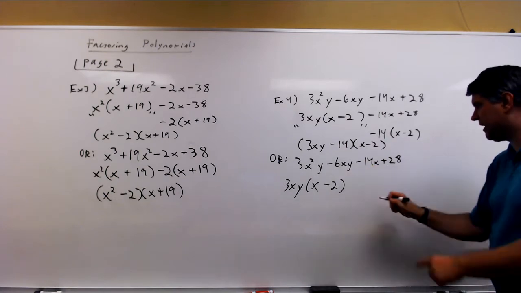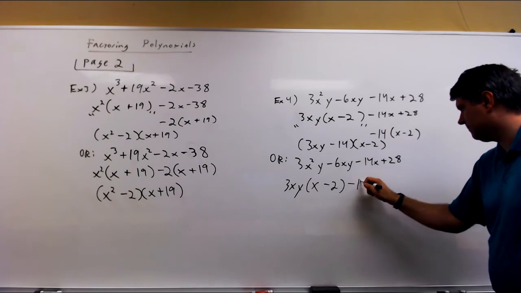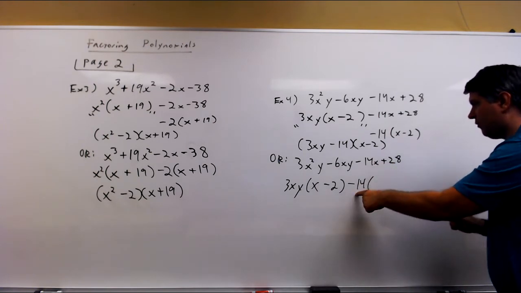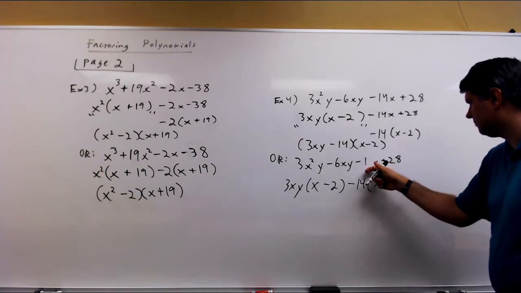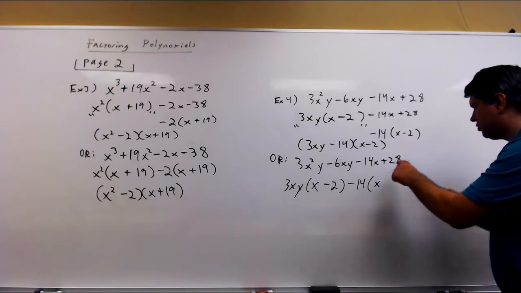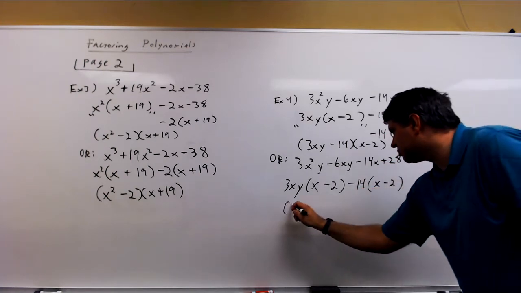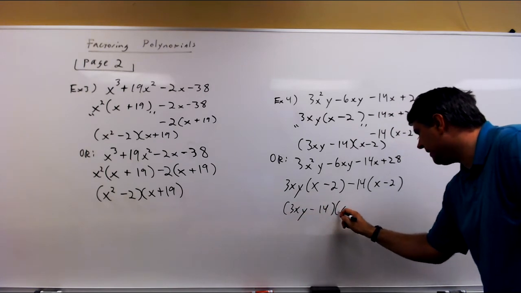The third term was negative, so I would have taken out a negative. They're both divisible by 14. Negative 14x divided by negative 14 is just x. And then 28 divided by negative 14 is minus 2. So I'd have had 3xy minus 14 and x minus 2.